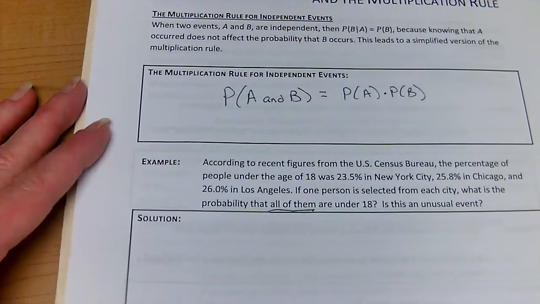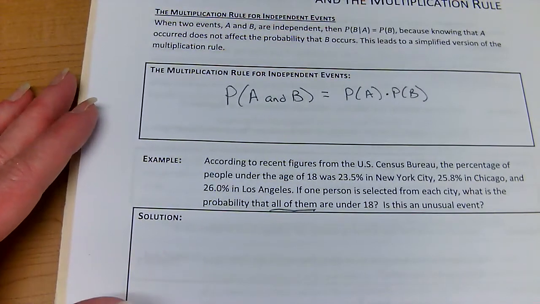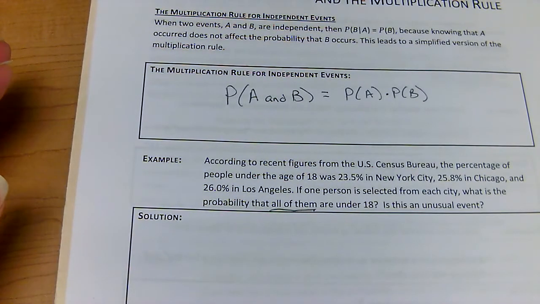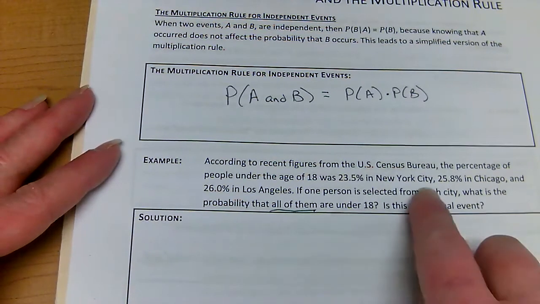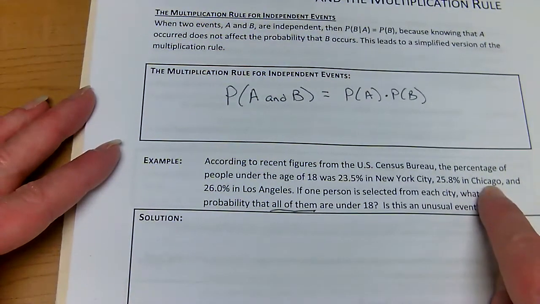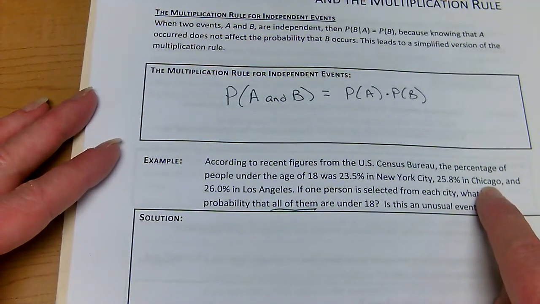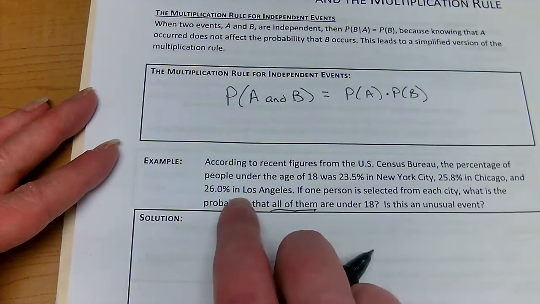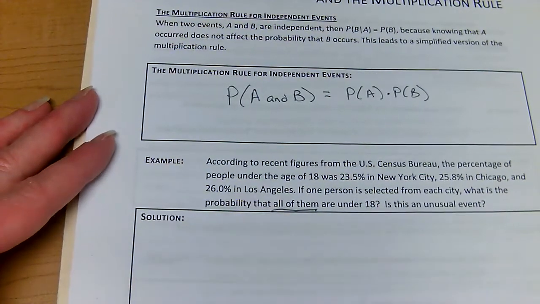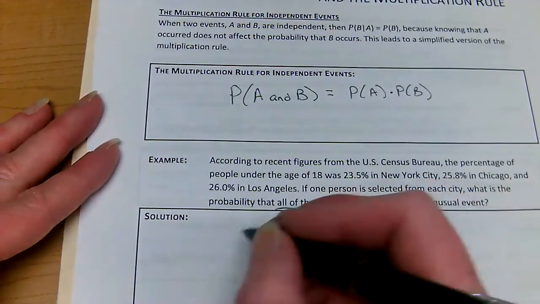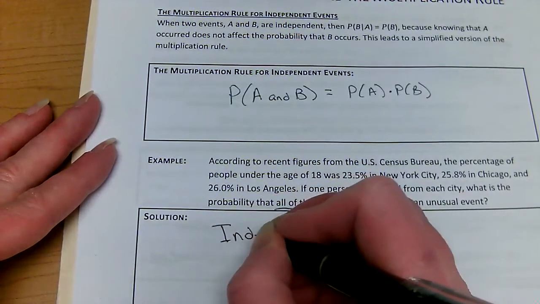Well, does it matter if a person is from New York? Does that affect them being under 18 in Chicago? Or being under 18 in Chicago, does that affect the number of people who are under 18 in Los Angeles? No, these are independent.